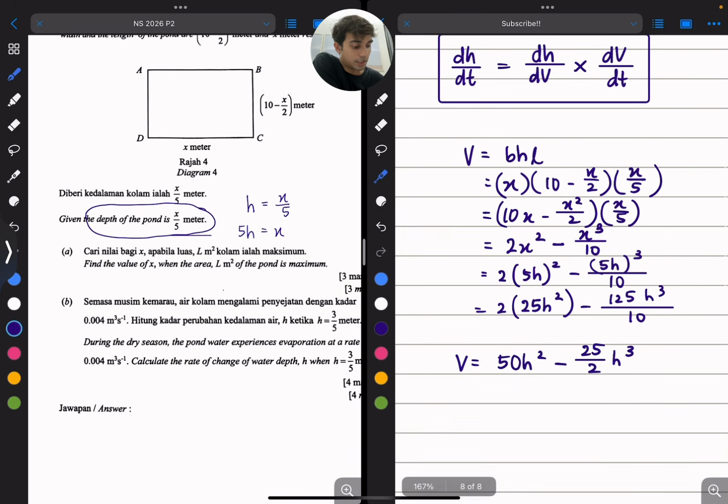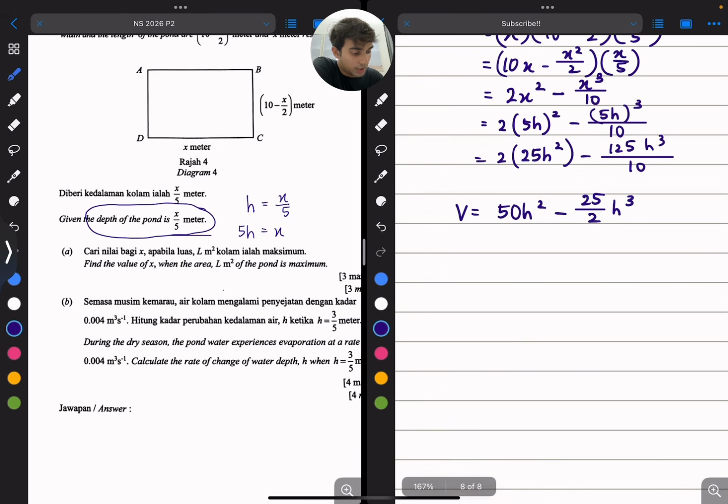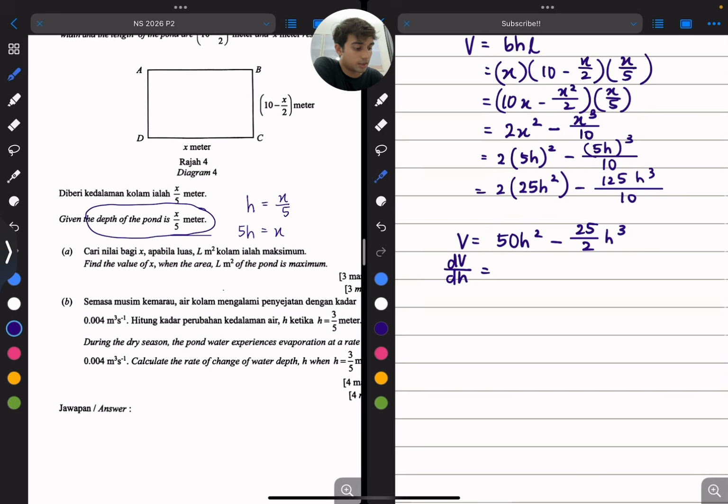So now we can easily find dV dH. Then we can put it here now. So let's find dV dH. So you differentiate this. Differentiate means the power must times in front. So we get 100h. 3 times this one, we'll get 75 over 2 h square.